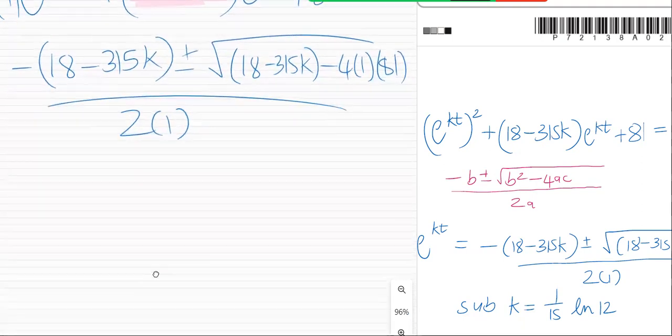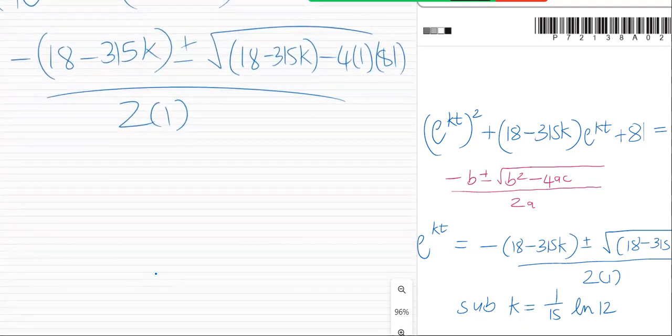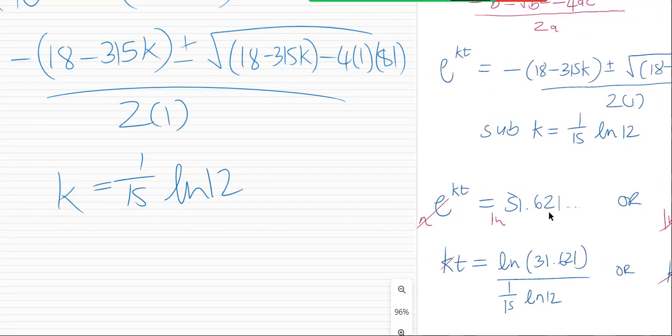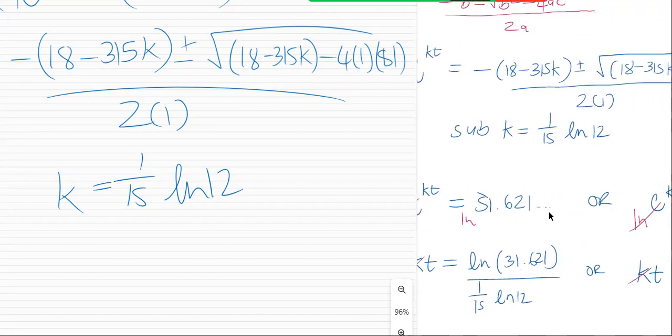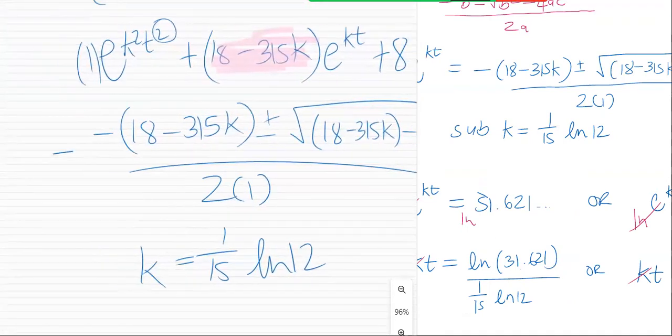Now, if I look at this, I immediately would start panicking because I can't do anything with it because of those k's. But I remember in the question, one of the parts, we worked out what k was. We worked out that k was equal to 1 over 15 ln 12. So we know what k is. I sub this into the formula. Just remember when you're doing this formula, this is from here, so we had e^(kt) squared.